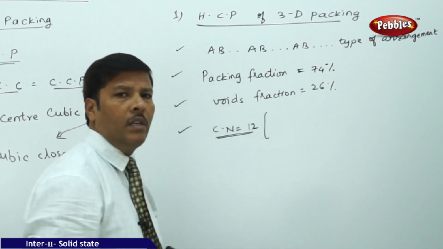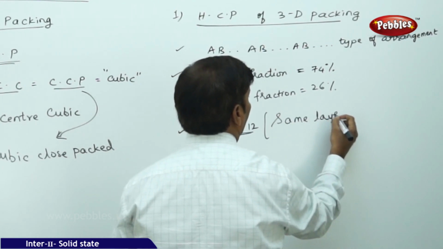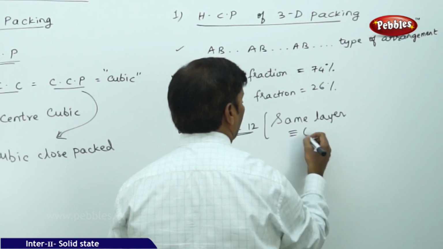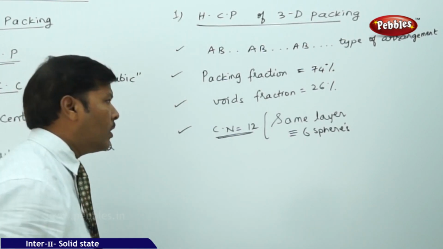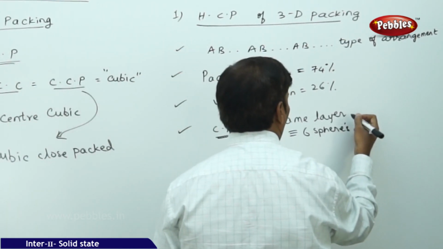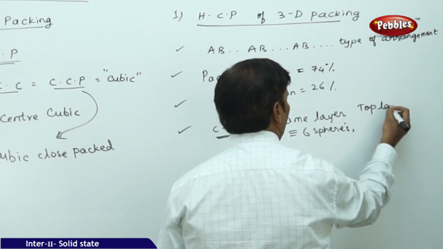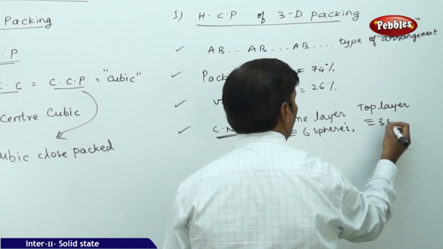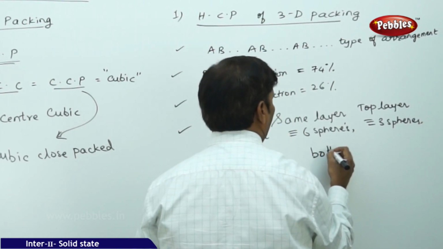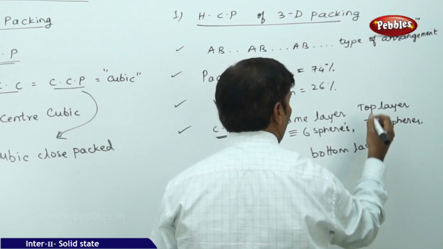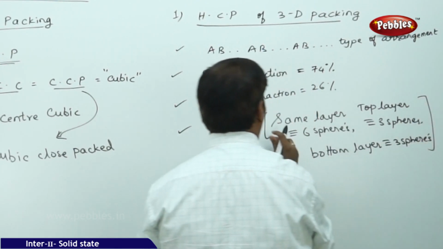Because what we are noticing here is, in the same layer 6 spheres come in contact, then the above layer or top layer 3 spheres, and the bottom layer another 3 spheres. So here this is the analysis we have to make.